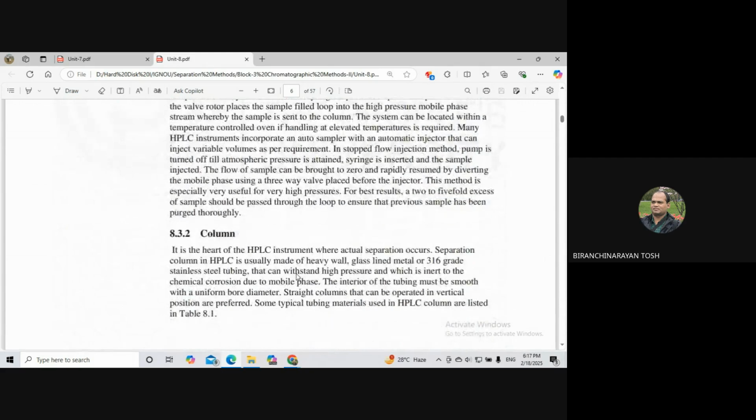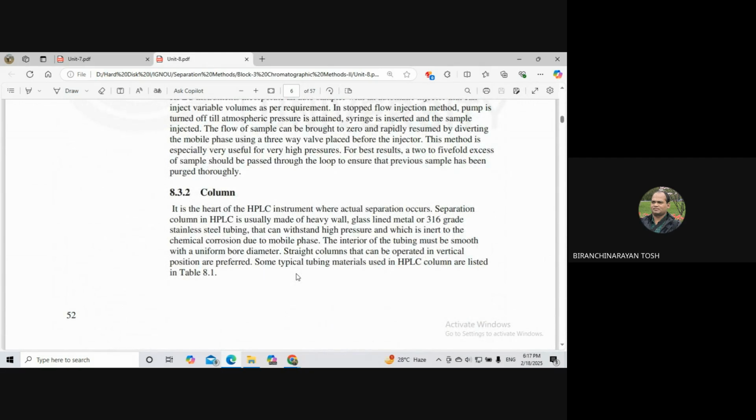So, the column is the heart of the HPLC instrument, where the actual separation occurs. The separation column in HPLC is usually made of heavy wall glass-lined metal or 316 grade stainless steel tubing that can withstand high pressure and which is inert to chemical corrosion due to the mobile phase.